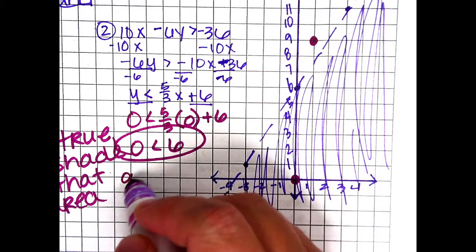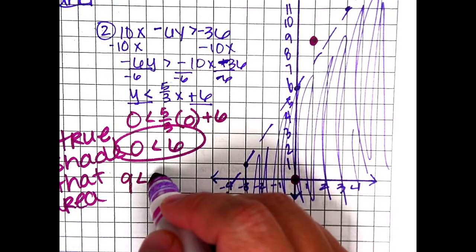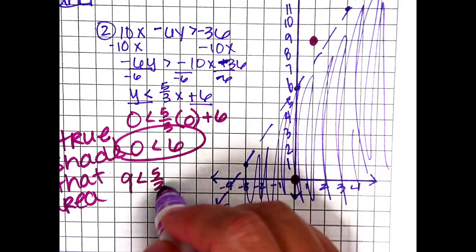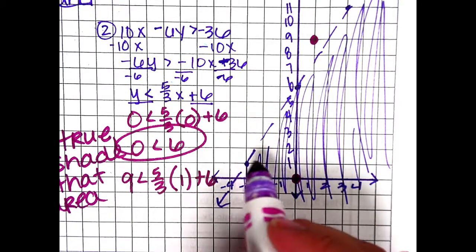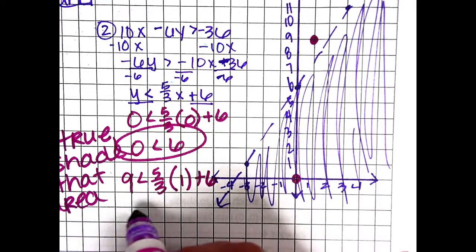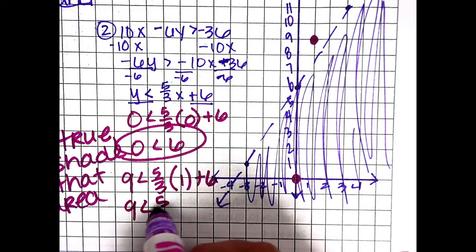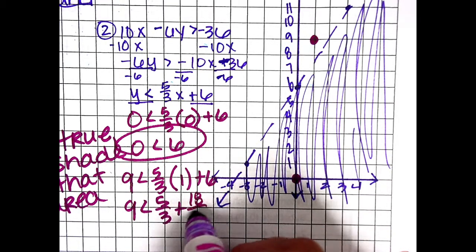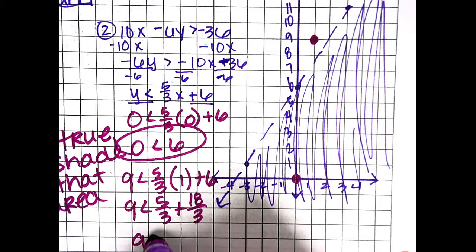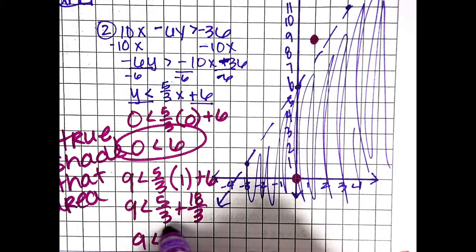Let's try 1, 9. So I would have 9 is less than 5/3 times 1 plus 6. So this becomes 9 is less than 5/3 plus 18/3. So 9 is less than 23/3.